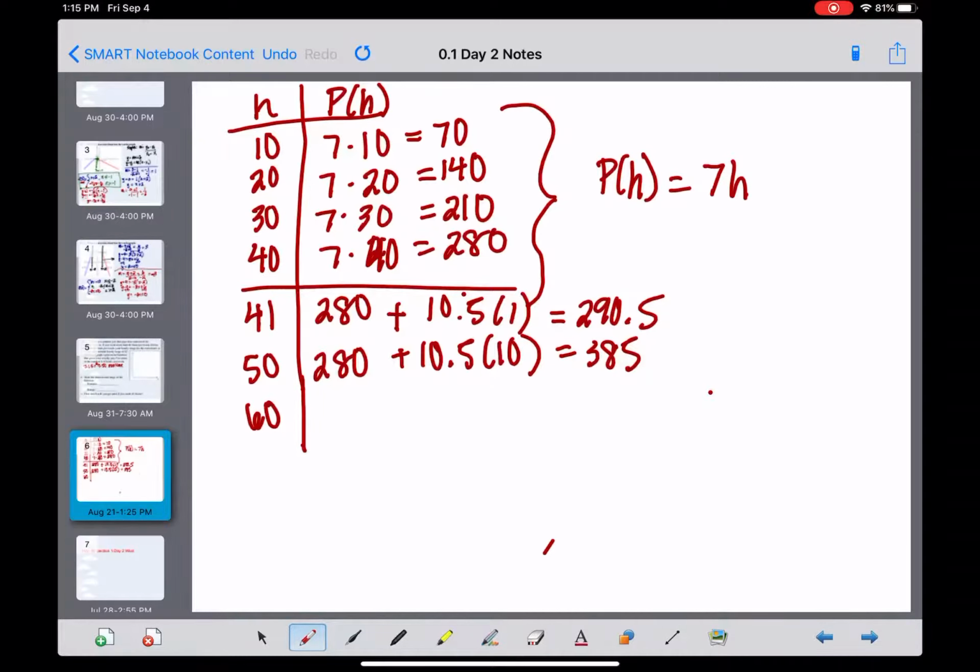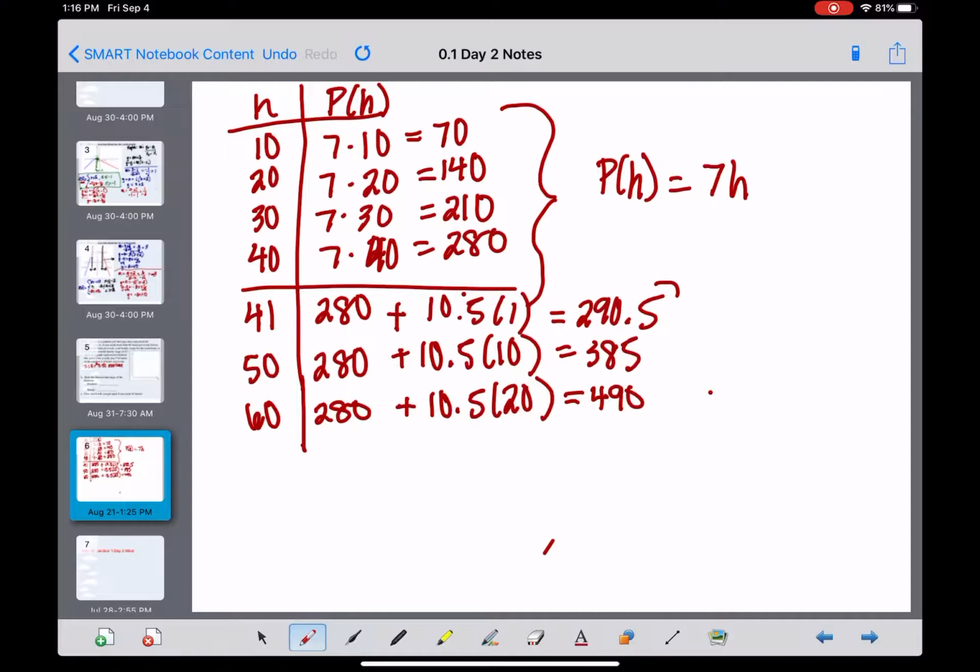Now it said no more than 60 hours. We can't work any more than that. Okay, 280 is what we get paid for the first 40. But now I have 20 hours of overtime. So I get paid $10.50 for those 20 hours. Okay, so that's $490.